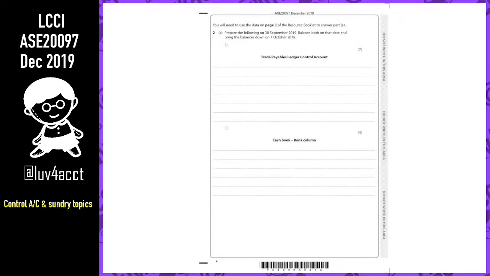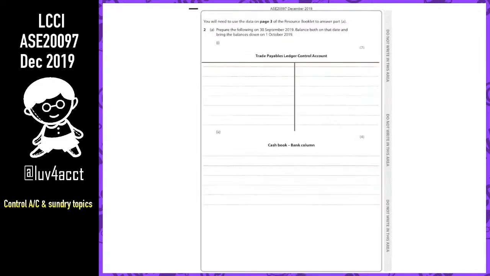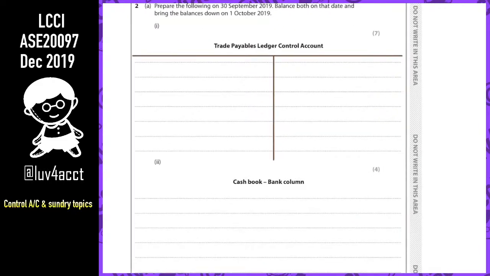the opening balance first. Trade payables ledger control is on the credit side. I mean, it is a liability, so on the credit side. Year 2019, 30th September. So you have opening balance, I mean, it is closing balance, but unadjusted balance.